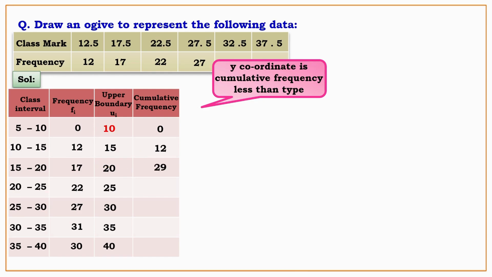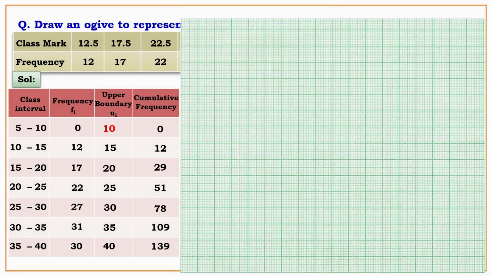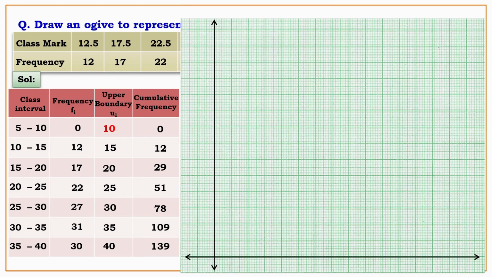If it is not clear, you can go back and watch the previous video where I have shown you how to draw the Ogive for more than type. So let's fill all the cumulative frequencies. Now let's plot the points over here.